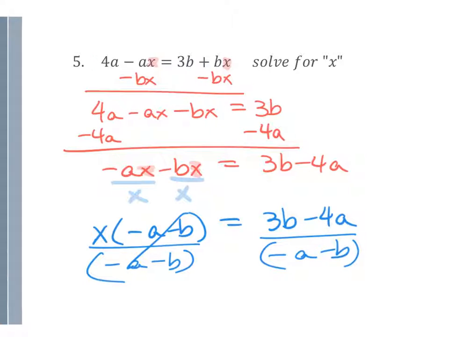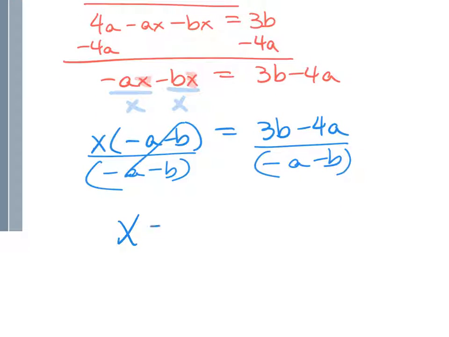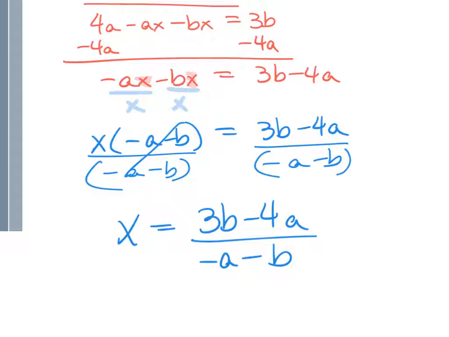This would cancel, and I'm left with x is equal to 3b minus 4a over negative a minus b. Remember, to cancel things out, it has to look identical. So I can't just cancel out my a's and b's here because the top does not look exactly like the bottom. And that would be my simplified solving for x.